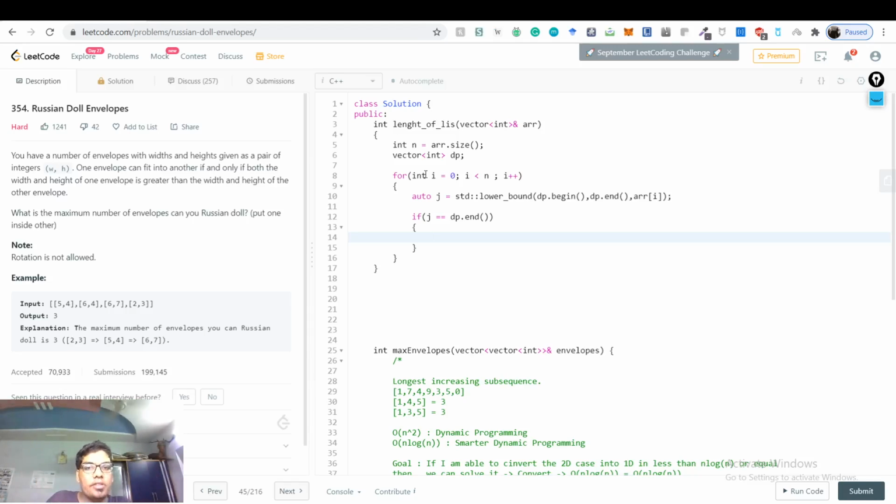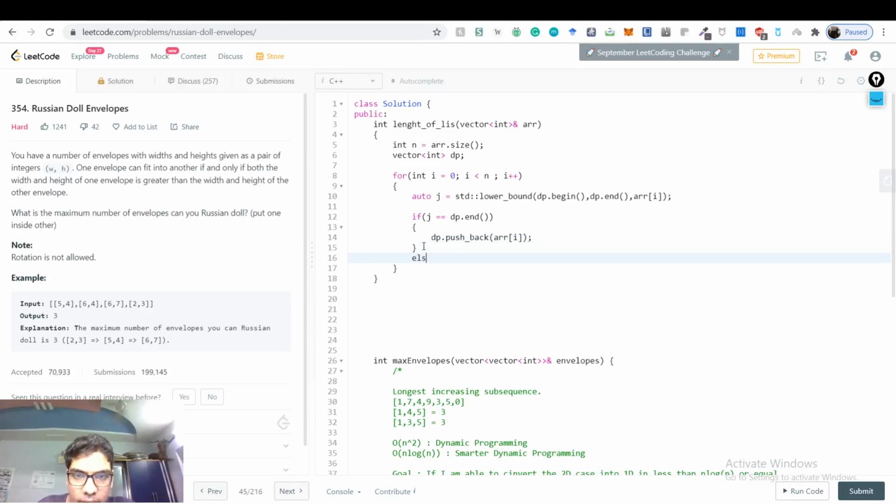This is actually a linked list, so we'll have to create a node if we want to enter it at the last. So we want to say dp dot push back, not j, sorry, array of I. So we push back array of I, and then we continue.